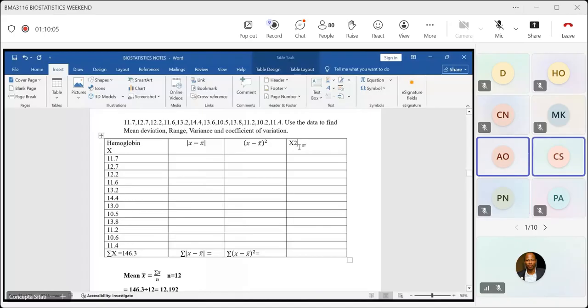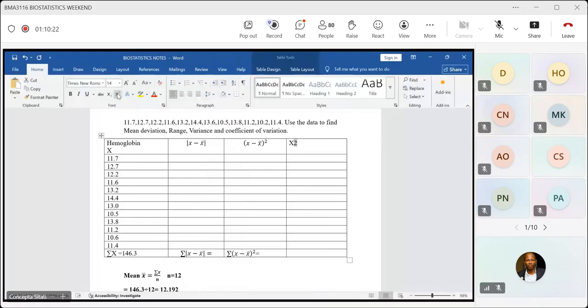So can we find our deviations from the mean? Our second column. I got 2.3.